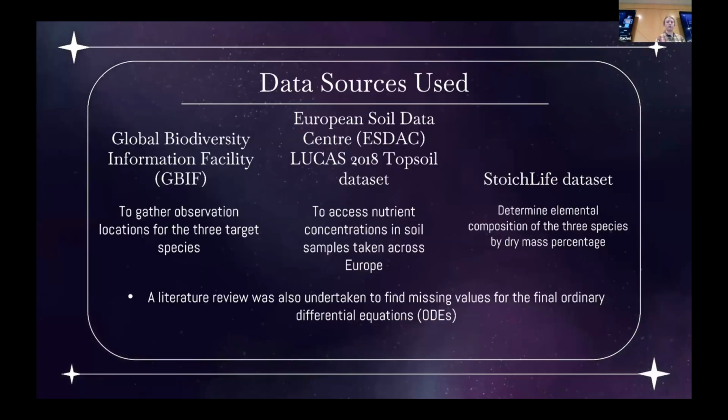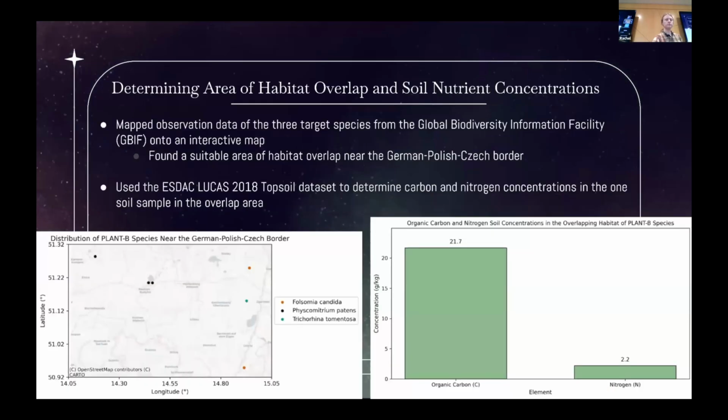These are the data sources I used. To be able to accurately parse the soil nutrient concentrations in their habitat, I first had to identify an area of habitat overlap.